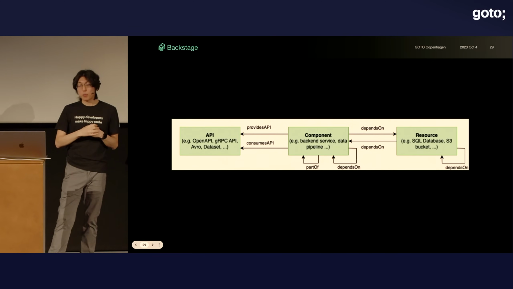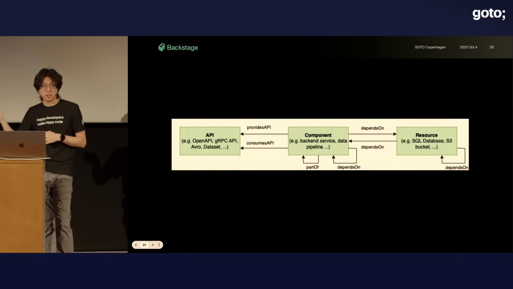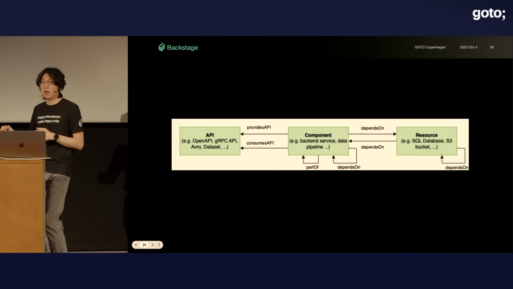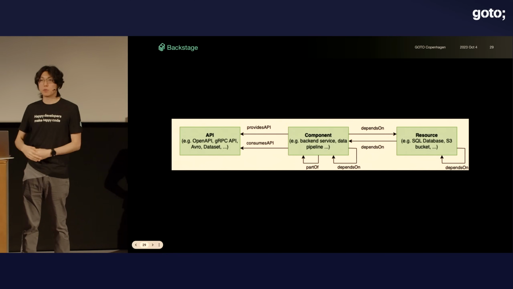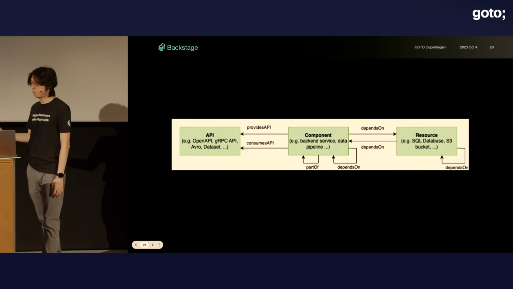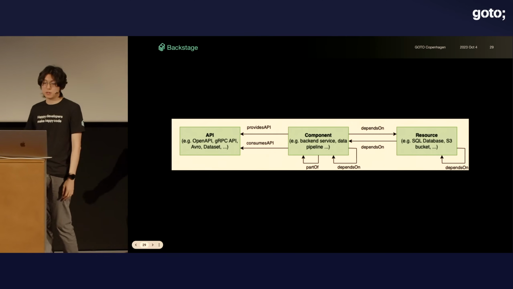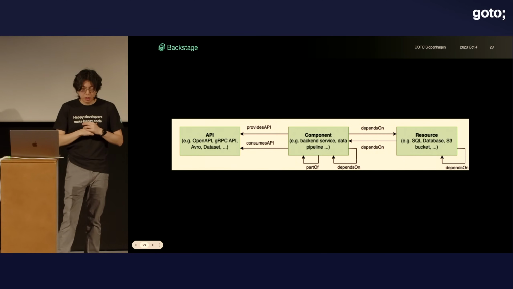The three most important types of which are components, APIs, and resources. So components are the things that you would typically expect to find in a software catalog: backend services, websites, data pipelines, things like that.